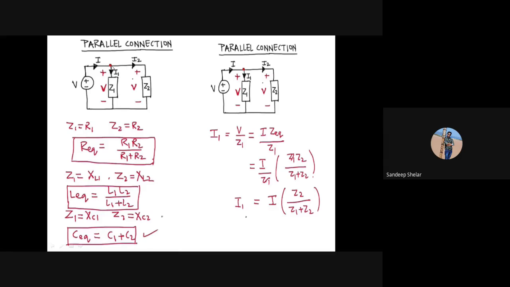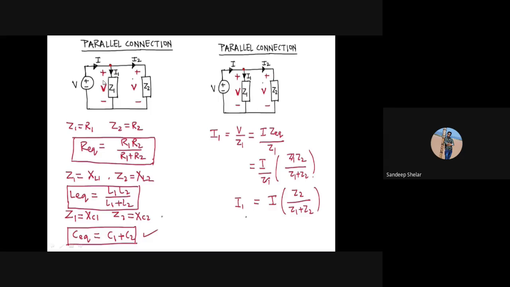Okay. Then the function of a node is to distribute current into more branches. Then the node distributes current, that is I1 flowing through Z1 and I2 flowing through Z2. Then voltage V is across Z1 and voltage V across Z2.